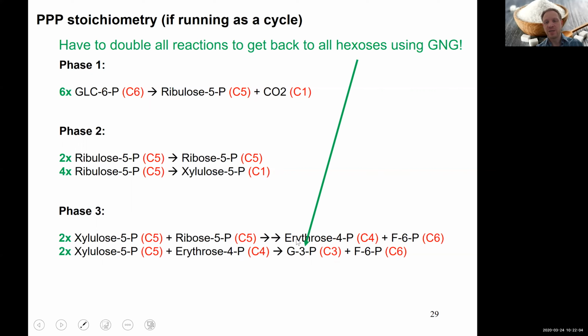So keep in mind, in order to regenerate all of the glucose 6-phosphate, we have to do this entire process double. In this case, we are generating 4 fructose-6-phosphates outright, and we're generating 1 molecule of fructose-6-phosphate through GNG from the 2 G3P molecules. So 5 fructose-6-phosphates that then can go through GNG to regenerate a glucose-6-phosphate.